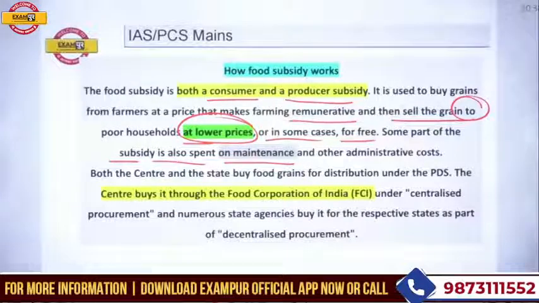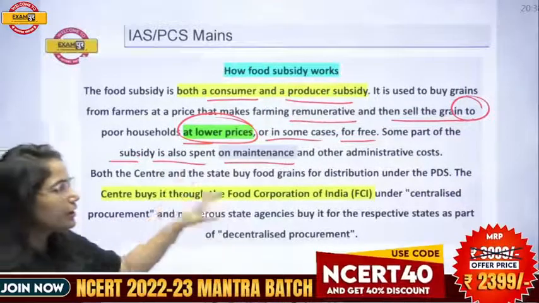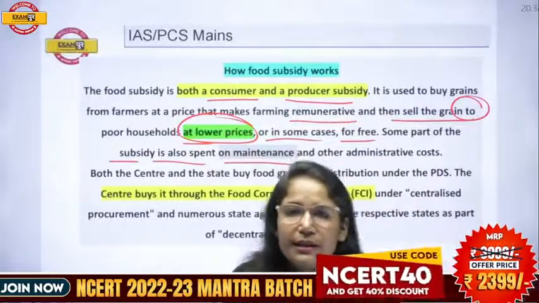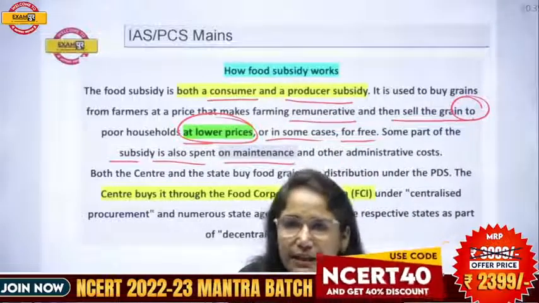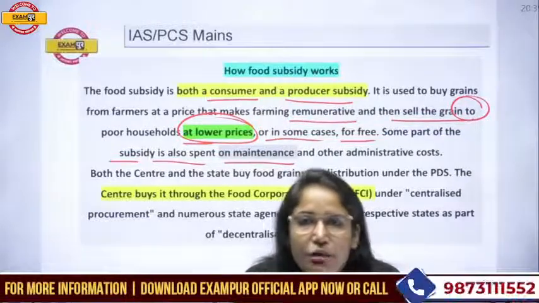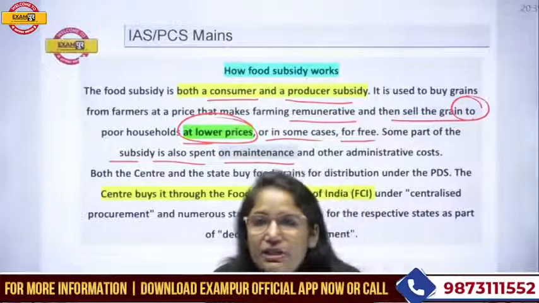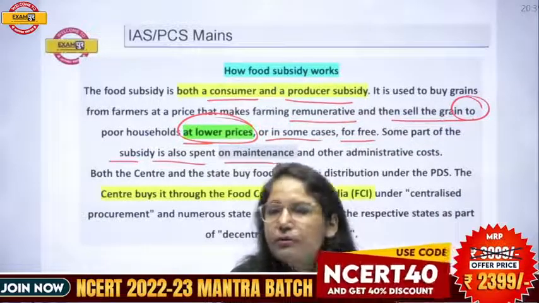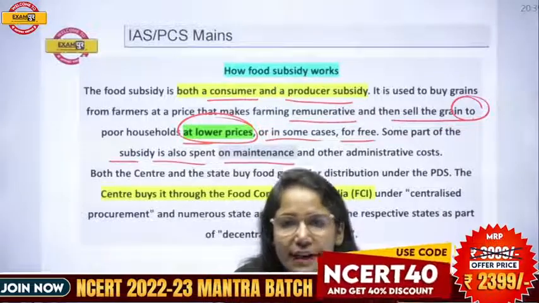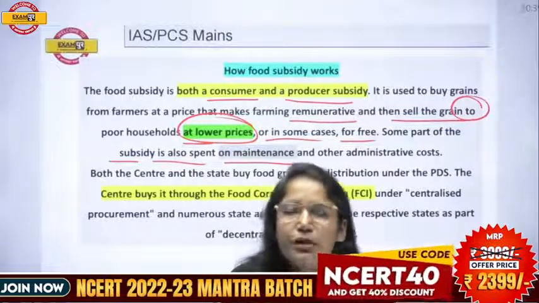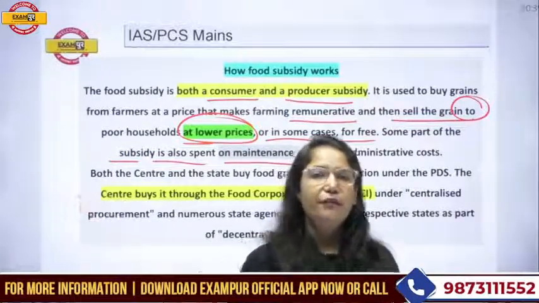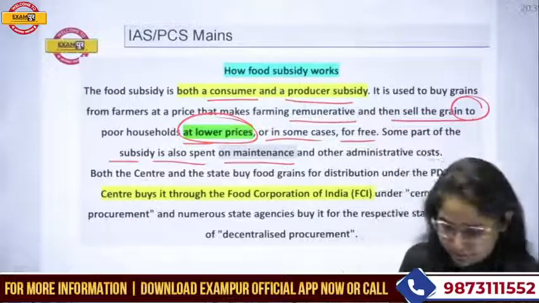For example, if I require money for fertilizer, which puts a burden on the cost, then the government comes into the picture and says we are going to provide you money for this, and this kind of category gets involved in the food subsidy.